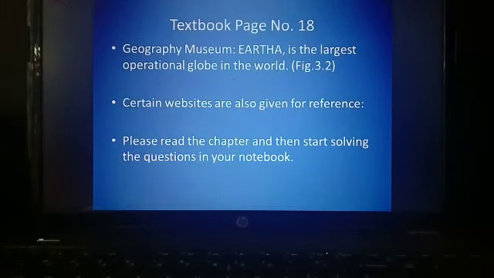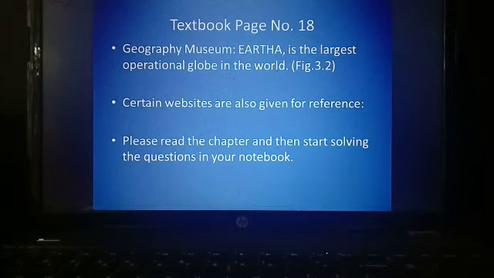Now on the last page of your textbook, that is page number 18, there is a geography museum in the USA, and this museum has created a large operational globe of the planet Earth. This globe is rotating, and the speed of this rotation is exactly how the Earth moves, how every day the rotation takes place.